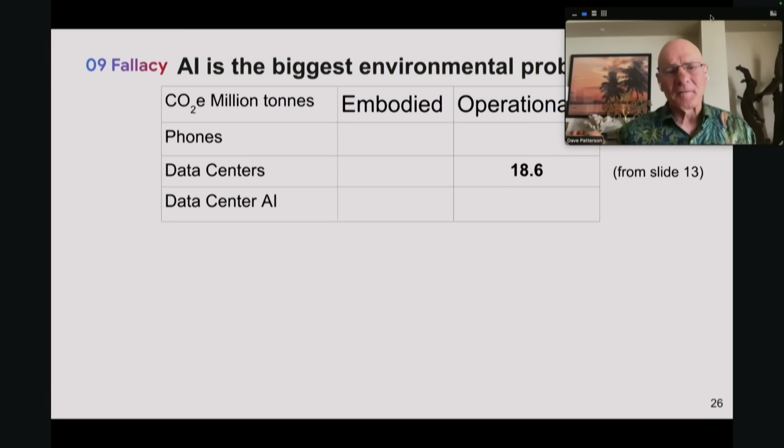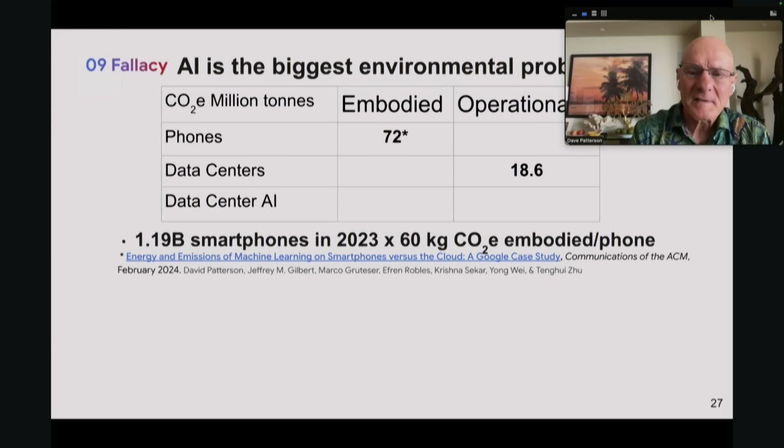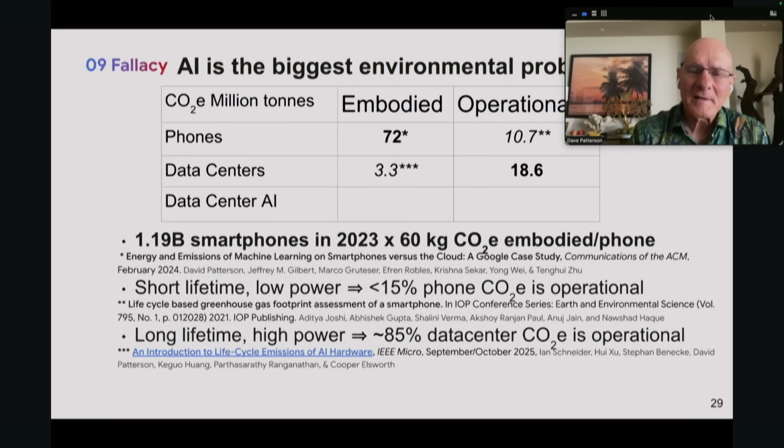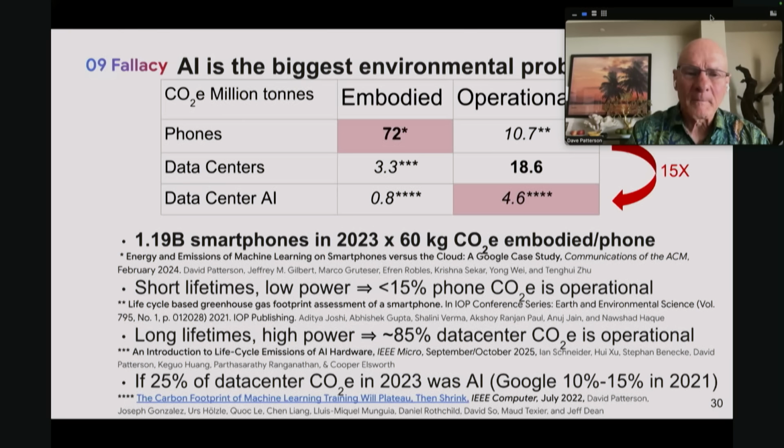Okay, so is AI the biggest environmental problem in IT? We've got enough data now that we can figure it out, so let's compare these things. The AI of data centers was 18 million tons. The phones, the embodied part, was 72 million tons, and then we could show how much of that is operational for data centers, the hardware operational part, not the embodied, but we can estimate that.